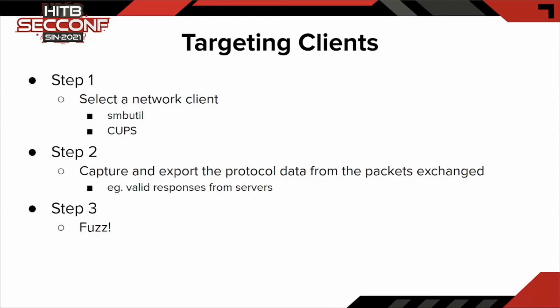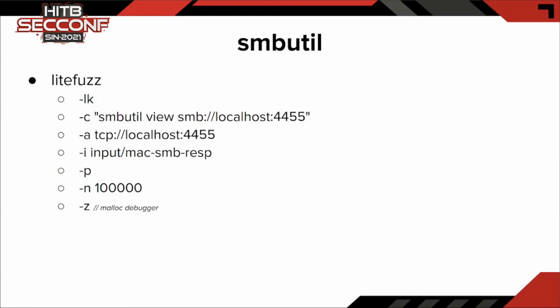Pass a command line. We're trying to use SMB util to view at 4455. We're using 4455 because that is the address of our fuzzing server. We don't want to interfere with 445, which is the actual real SMB server running on the host.